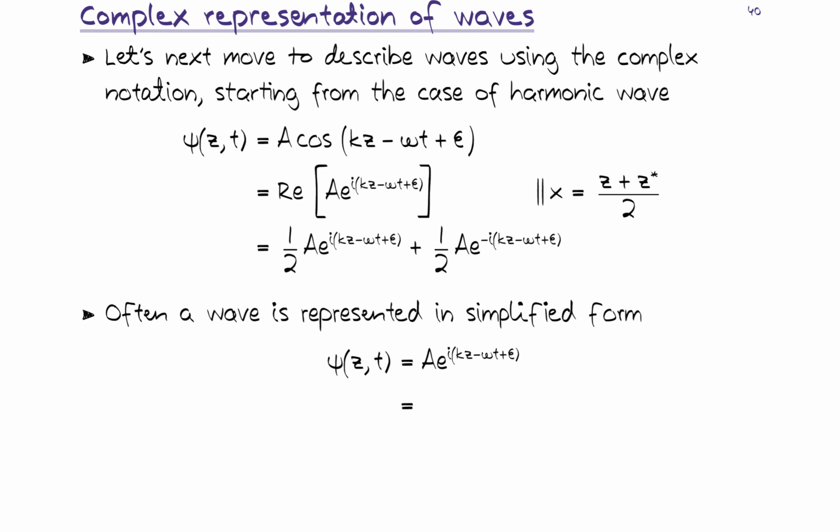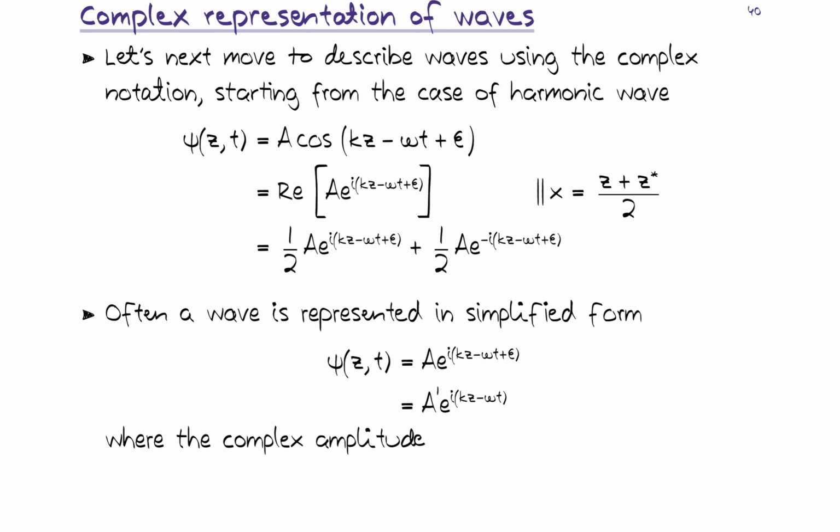And here, this initial phase, we can also hide inside the amplitude. So instead of using a real number to describe my amplitude A, I can hide this initial phase into the amplitude. And to clarify this, I will use a prime notation here. So this A prime is now actually a complex valued number, and the rest inside the phase argument will be kz minus omega t.